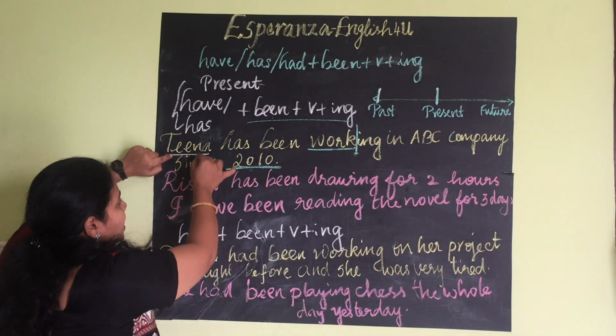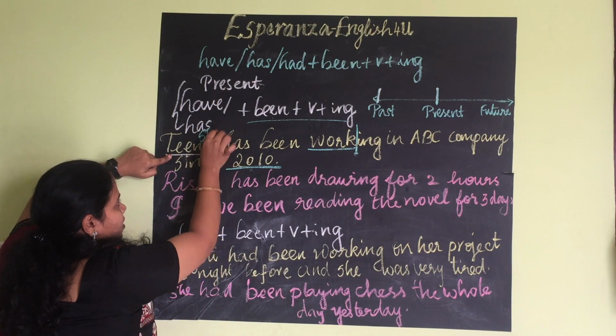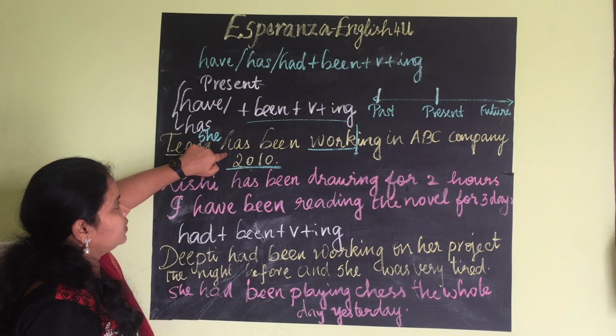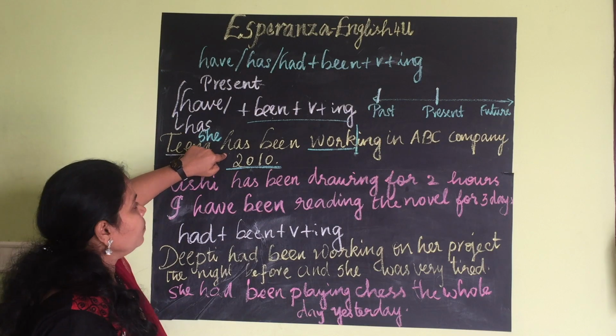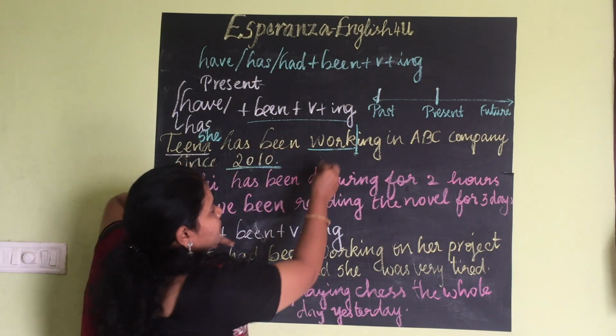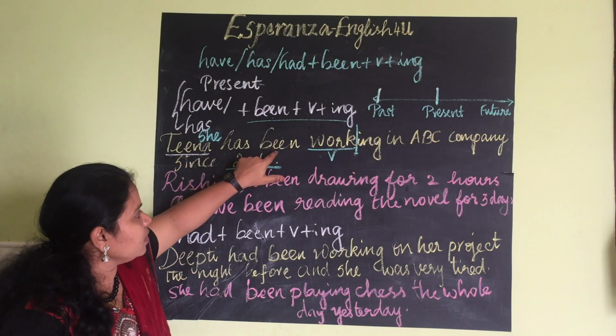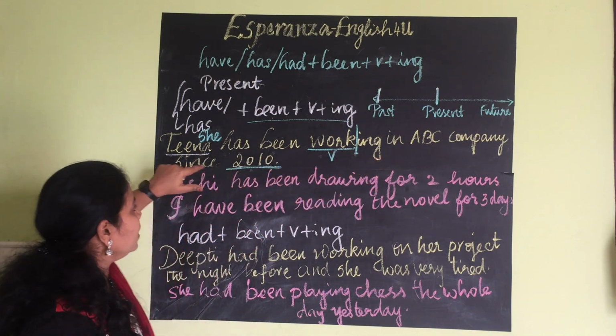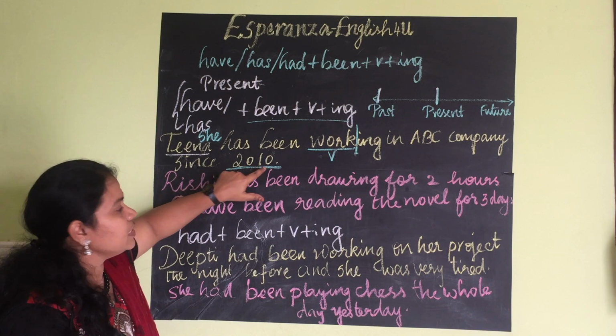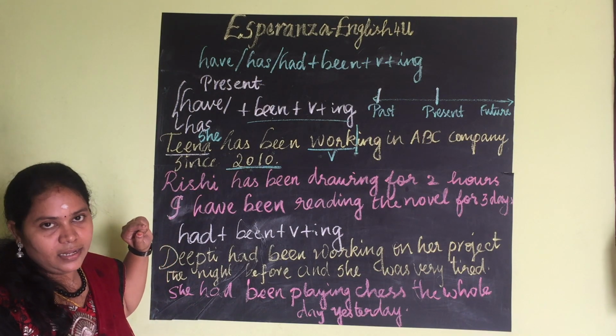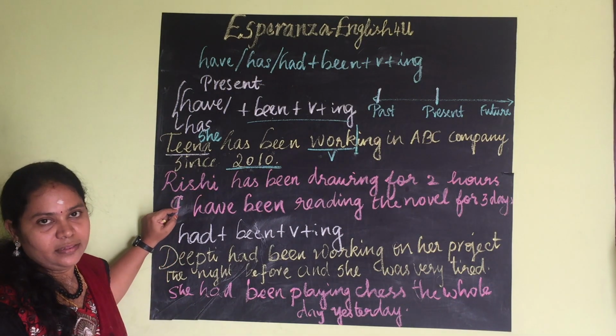Tina we are referring to as she. Has is the perfect form, been, and the verb plus ing. Tina has been working in ABC company since 2010. Clear? Till now she is working there.